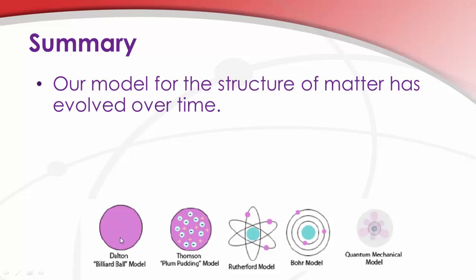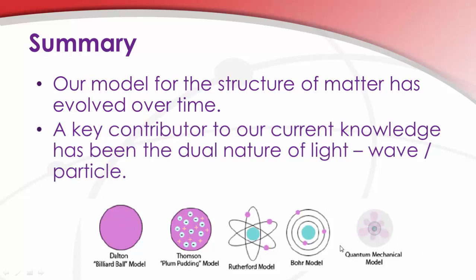So today we have been through Dalton's billiard ball model, how Thomson modified it to come up with the plum pudding model, Rutherford's planetary motion model, and Bohr's model. And tomorrow we'll start talking about the quantum mechanical model in a bit more detail. We also need to be able to discuss the characteristics of light and how it contributed to our understanding of the atom.